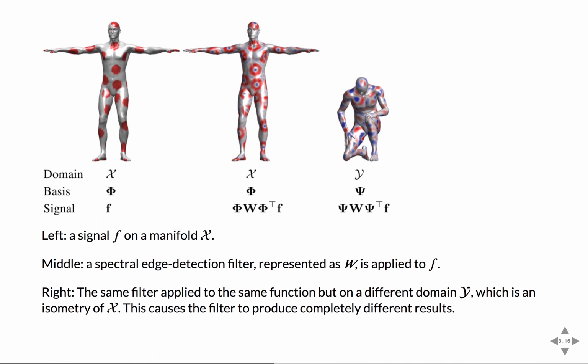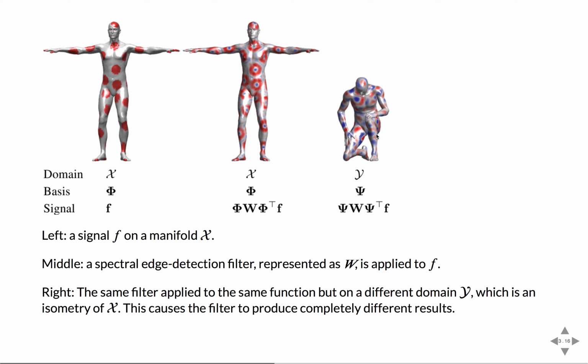So here's an example from a manifold, but it's really the same idea. If we have this manifold and we have a signal on the manifold, and then we apply some filter using this spectral method. So this is an edge detection filter, as you can see it. This is our result. It kind of detects the edges of these features.